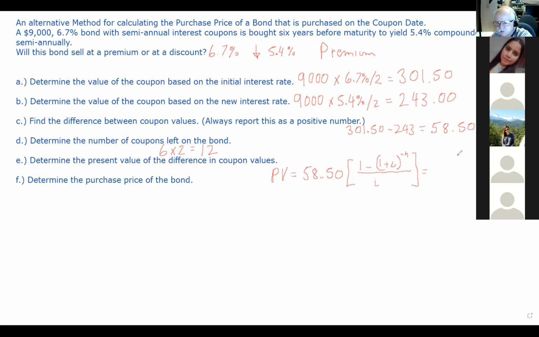So let's plug this in again. 5.4% divided by 2, and I'll store that in register 1, plus 1, and then y to the x, 12 negative, equals that, and plus or minus plus 1, divided by I, times 58.50.